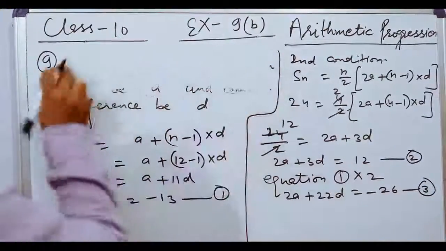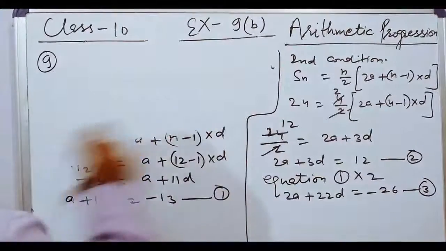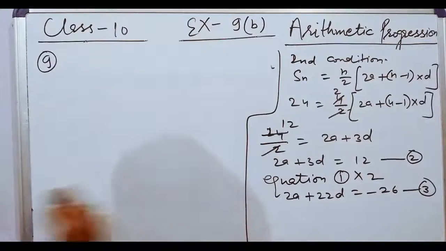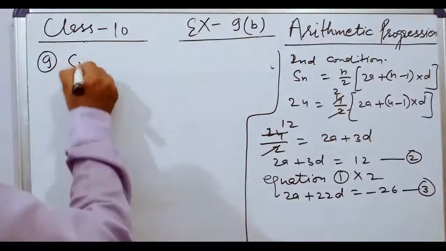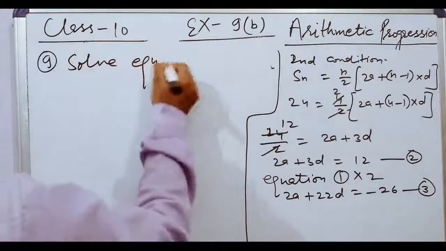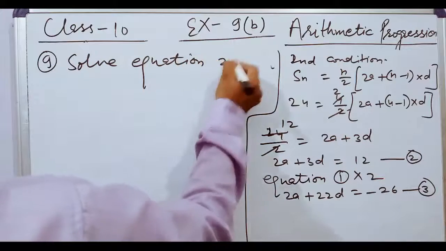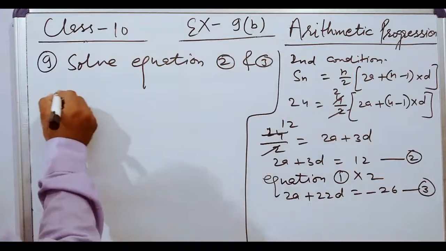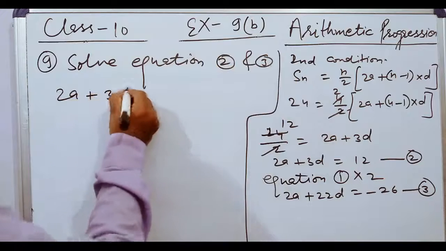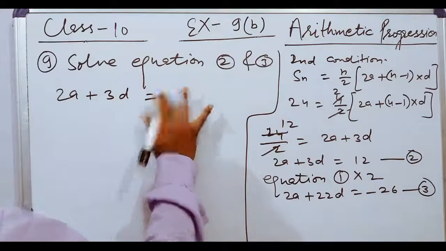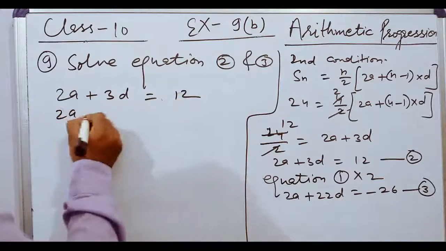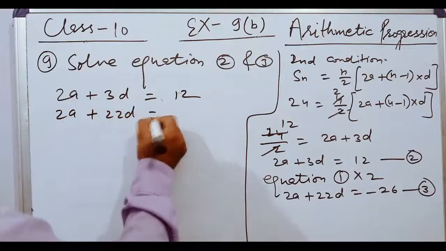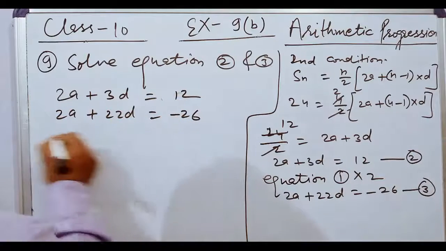Now we'll solve equations 2 and 3. 2a plus 3d equals 12, and 2a plus 22d equals minus 26.